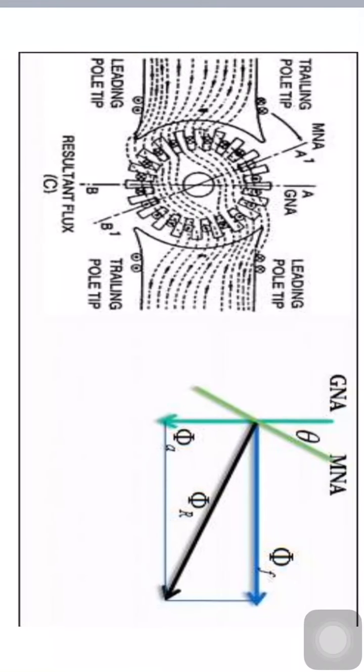Here we can see the resultant flux in this phasor diagram. From this we can observe what is trailing pole tip, leading pole tip, MNA, and how this shifting in MNA happens, and in the phasor diagram, armature flux, field flux, and resultant flux also we can observe here. Observe clearly the diagram.